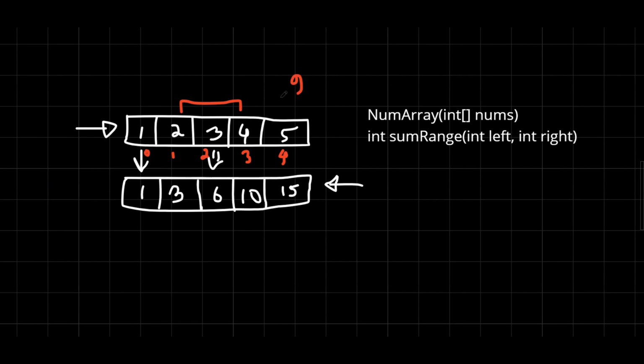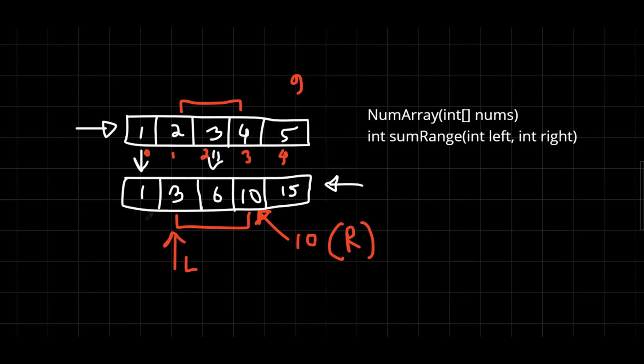As we have to calculate the partial sum of this range, we have to take the right value. So here, the right value is 10. This is the right value. And we have to calculate the left minus 1. So this is the left value.